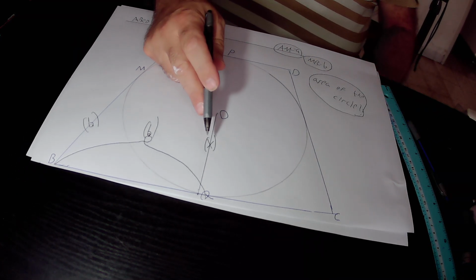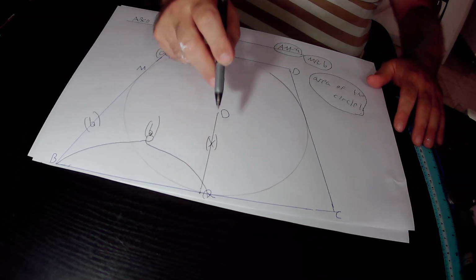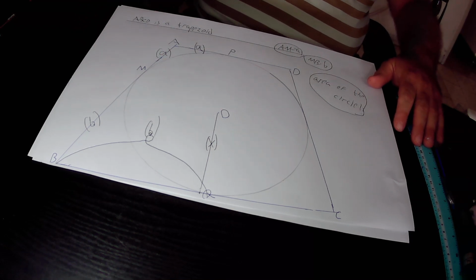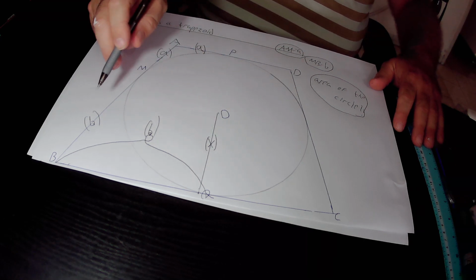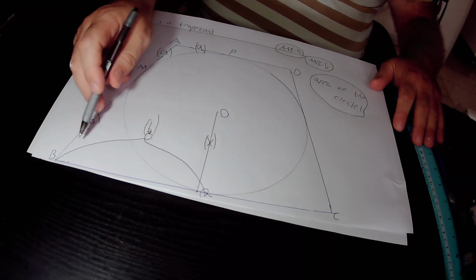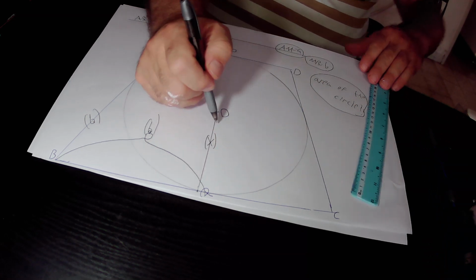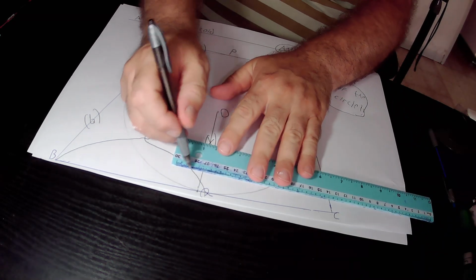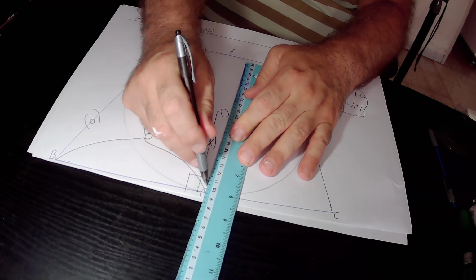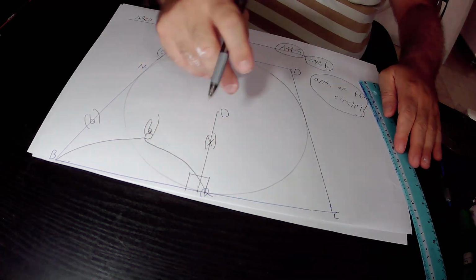The radius OQ is drawn to point Q, that is the point of tangency of tangent BC with this circle. And whenever you have a radius drawn to the point of tangency, the tangent BC will be perpendicular to the radius QO. If BC is perpendicular to QO, it means that this angle equals 90 degrees, and this angle also equals 90 degrees according to rule 1.